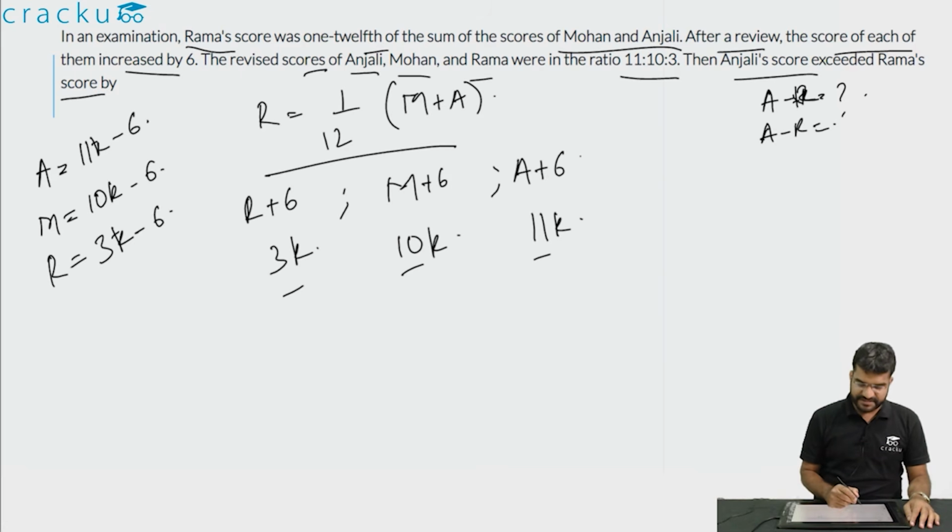Now we are told that R is equal to 1/12 of (M plus A). So 3k minus 6 is equal to 1/12 into (M plus A). The value of M plus A will be 21k minus 12.